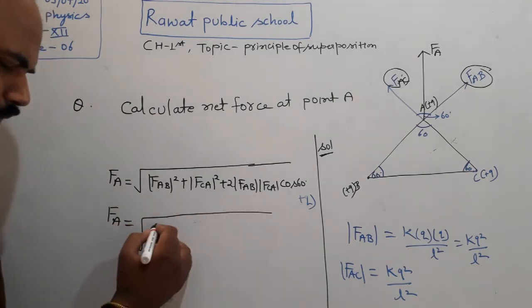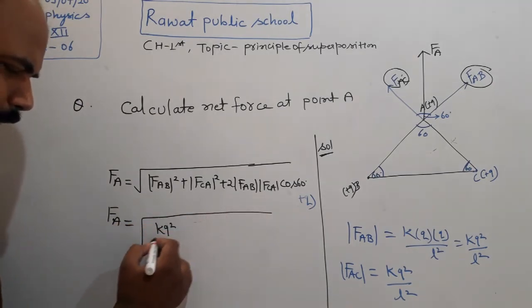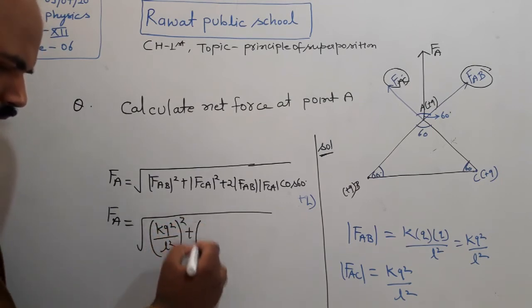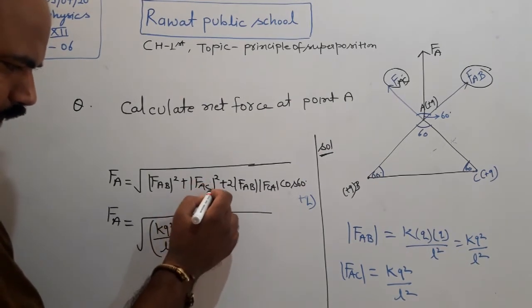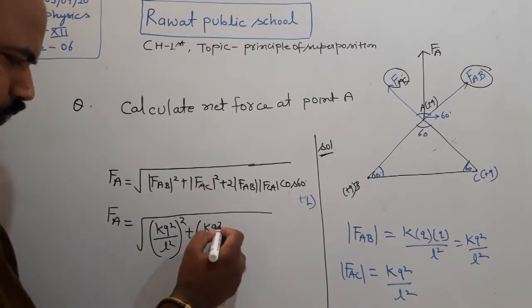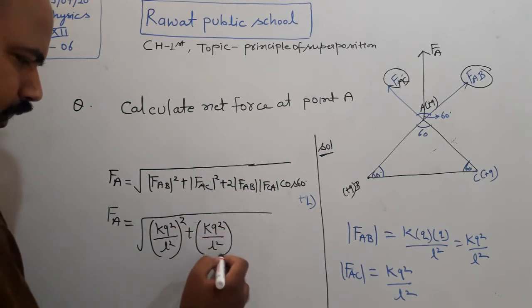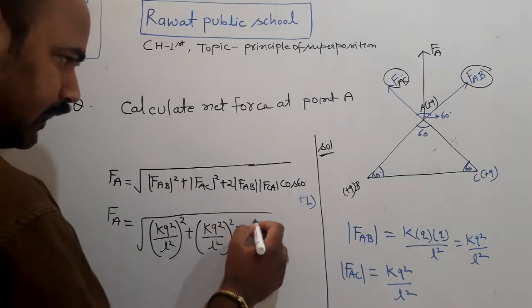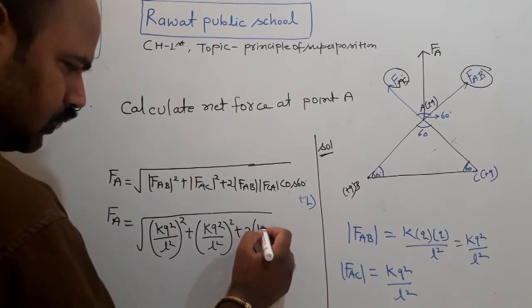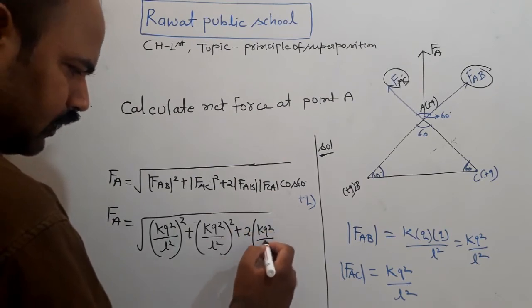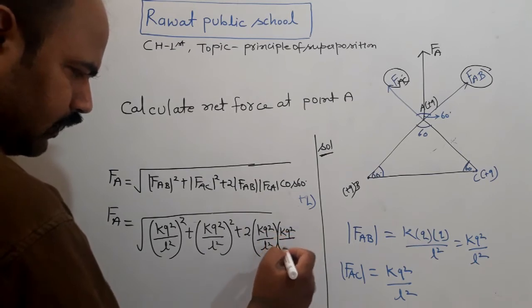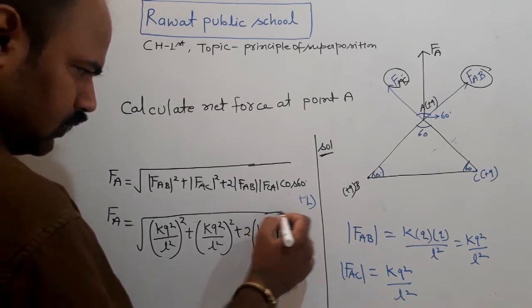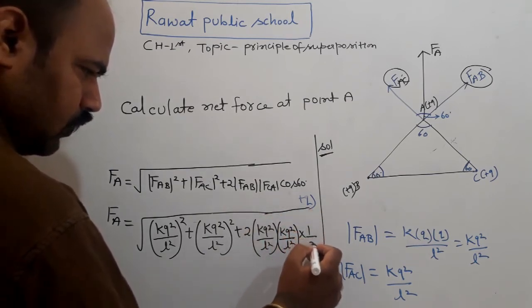What is the value of FAB? KQ square by L square, whole square. Again FAC, the force at A due to C, KQ square by L square whole square, plus twice FAB FAC, KQ square by L square times KQ square by L square, cos 60.